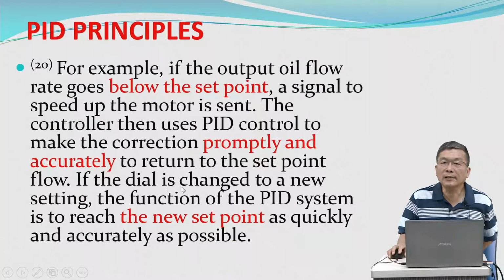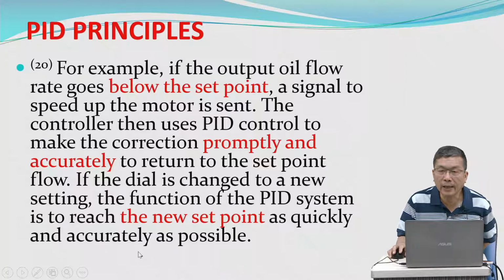If the dial is changed to a new setting, the function of the PID system is to reach the flow at the new set point as quickly and accurately as possible.